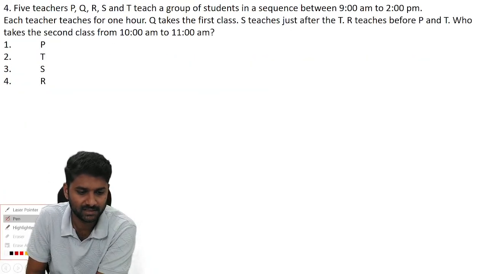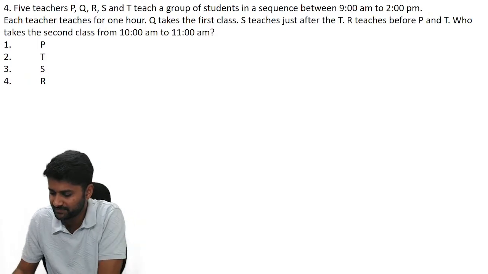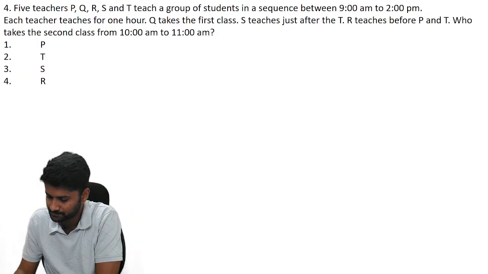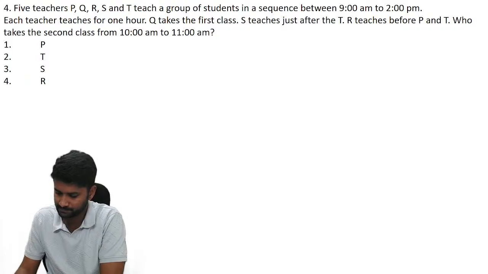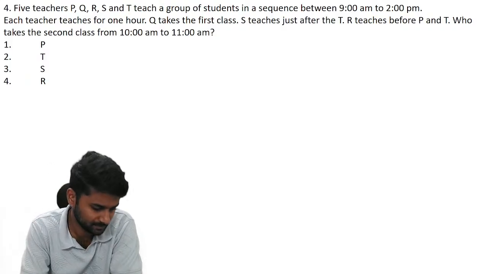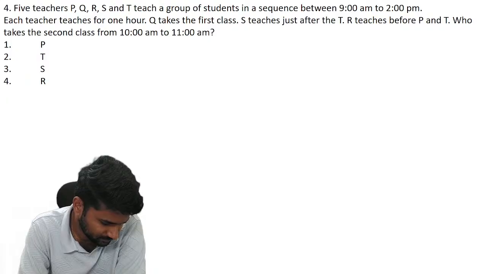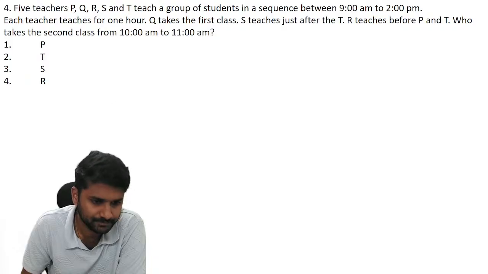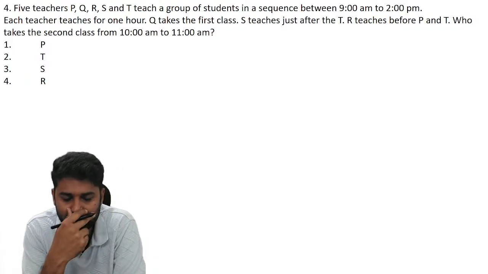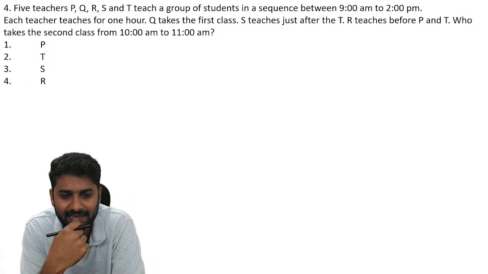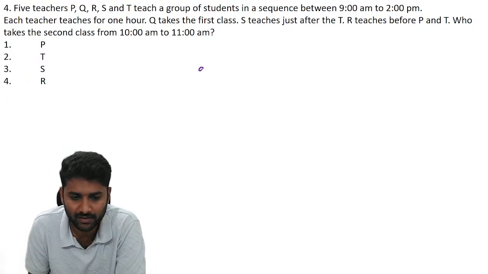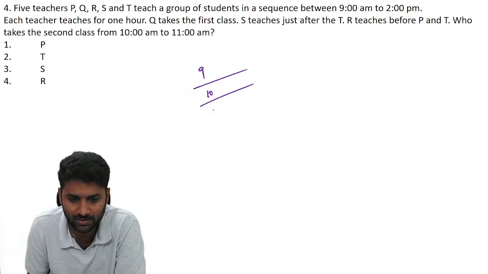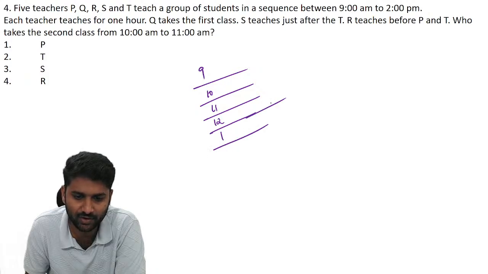Next. Let's go through this puzzle information. There are 5 teachers P, Q, R, S, and T who teach a group of students in a sequence between 9 a.m. and 2 p.m. See, the 9 o'clock slot, 10 o'clock slot, 11 o'clock slot, 12 o'clock, and it ends with the 1 o'clock.